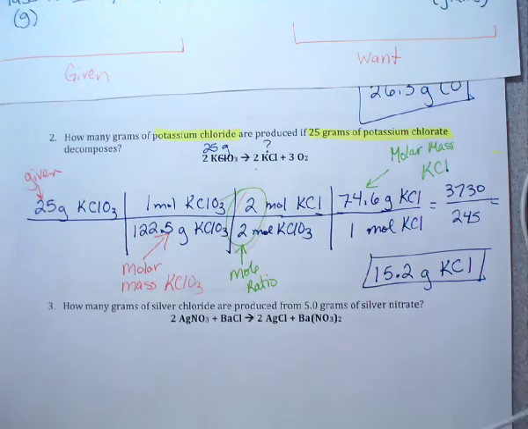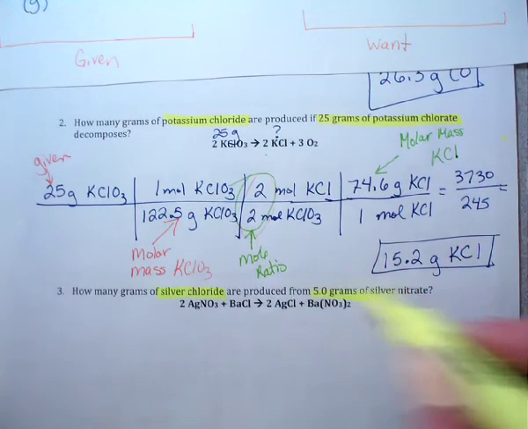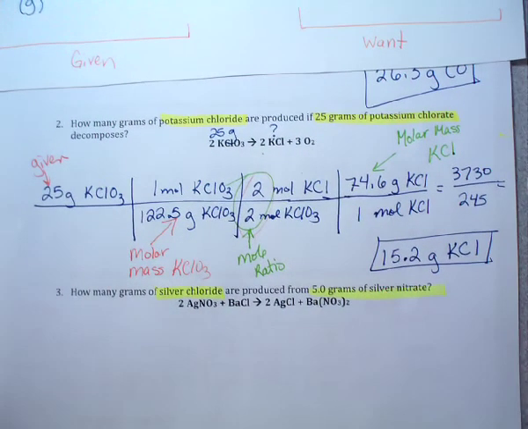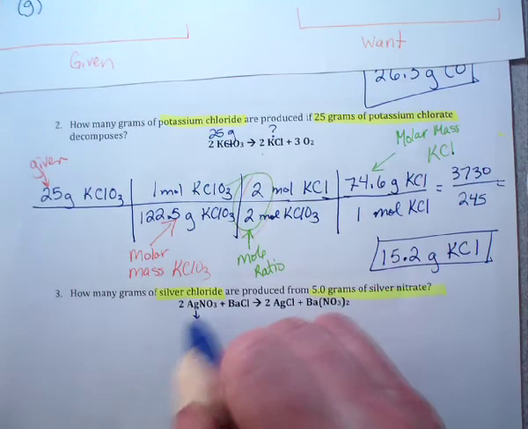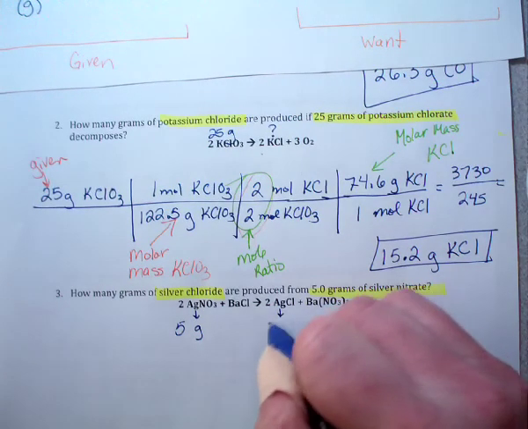Question 3 asks how many grams of silver chloride are produced from 5 grams of silver nitrate. So I started out with 5 grams of silver nitrate, and I'm asking you to find grams of silver chloride.